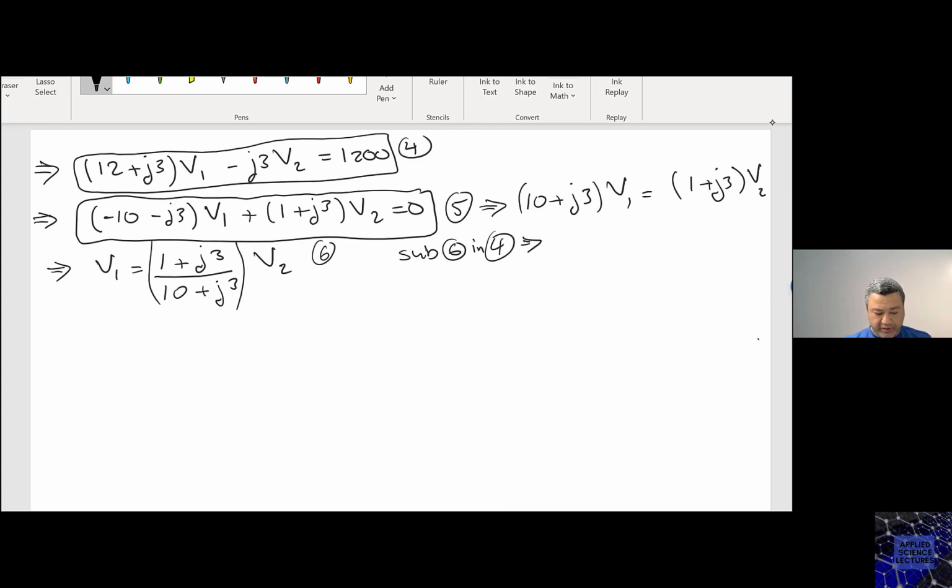What do I get? I get (12 plus J3) times (1 plus J3) over (10 plus J3), right? Minus J3 V2 equals 1200.